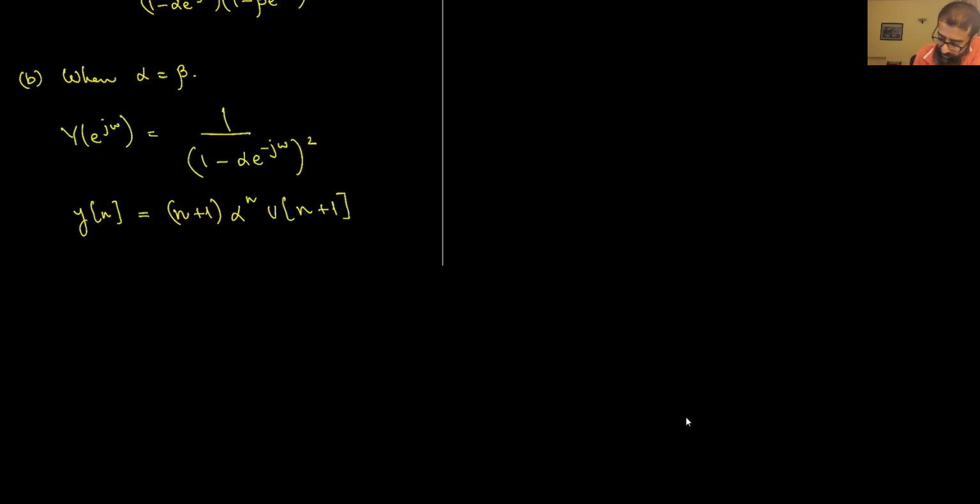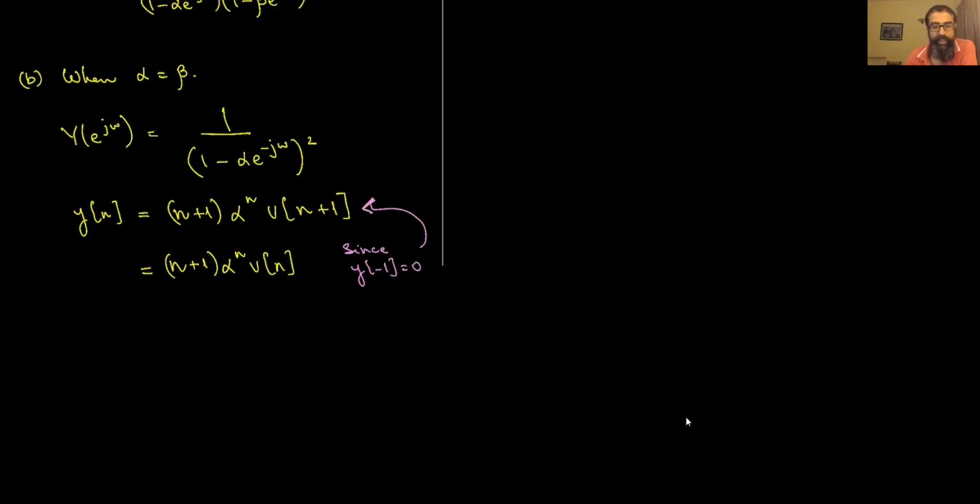So I can conclude that this is equal to n plus 1 times alpha raised to power n times u of n. And of course, the reason here is that y of minus 1 turns out to be equal to 0.